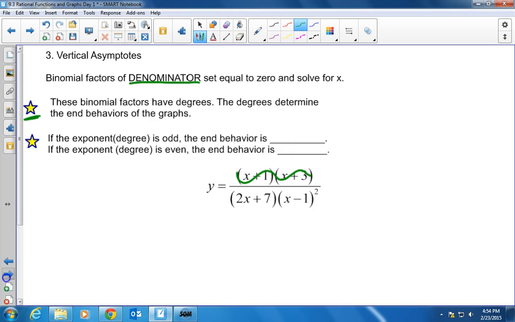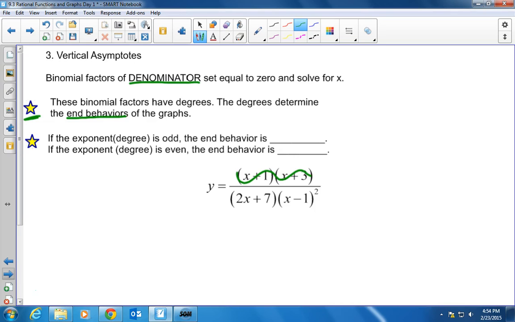If you look at the first star right here, these binomials have degrees, just like what you learned when you did your polynomial unit. The degrees determine the end behavior of the graphs. So again, those words end behavior, keep in mind that I mentioned the words same and the words opposite.